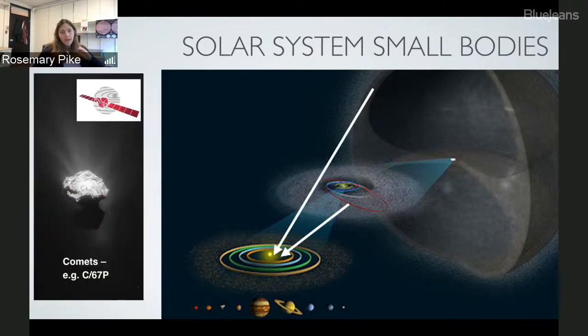Out beyond that, we have the Oort cloud, the big spherical region, which is circularized by galactic tides. We have not actually observed any objects in the Oort cloud itself. The only way that we see Oort cloud objects is when they come in as comets, and often they come in as retrograde comets. These comets have really different characteristics than comets that come from the Kuiper Belt, which evolve into lower inclination orbits.